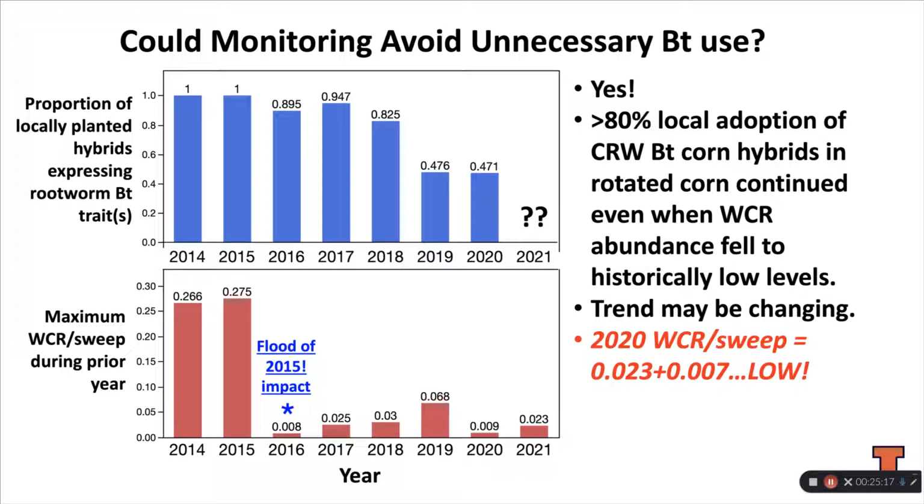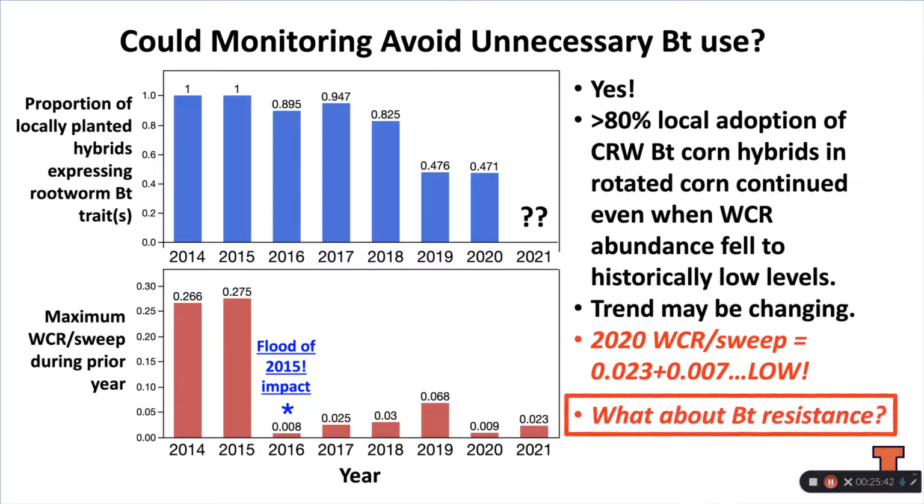I think this was a missed opportunity to reduce the pressure on Bt corn hybrids at a time when there wasn't any sort of rootworm threat in cornfields in the area. I think the reductions in Bt use observed in 2019 and 2020 suggest the trend may be changing, and it looks like a good change.